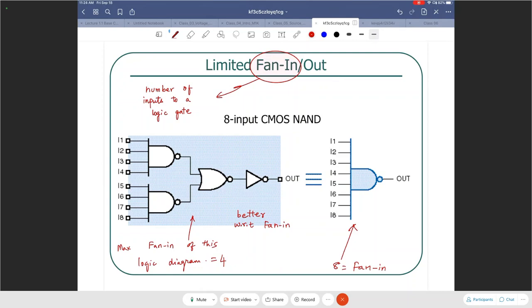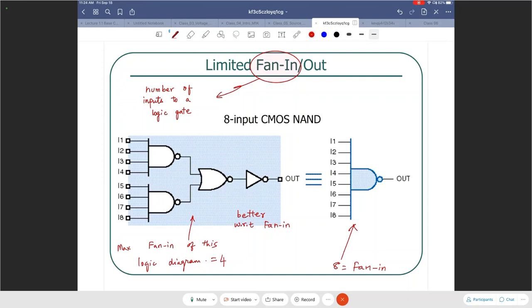What's the limit on the number of inputs? We'll do some calculations to see what that number is. Right now, there is no such limitation. We are just talking about which one is better or worse. A lower fan in is better because the corruption of the voltage levels is not much.